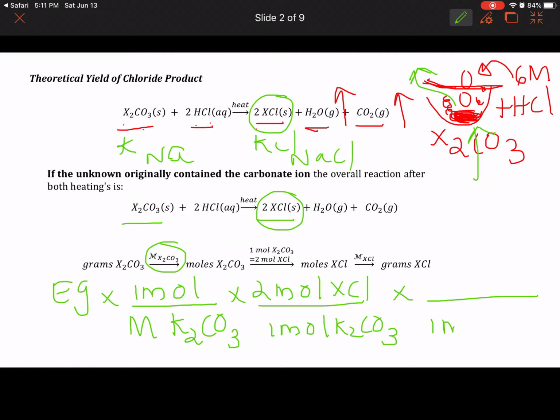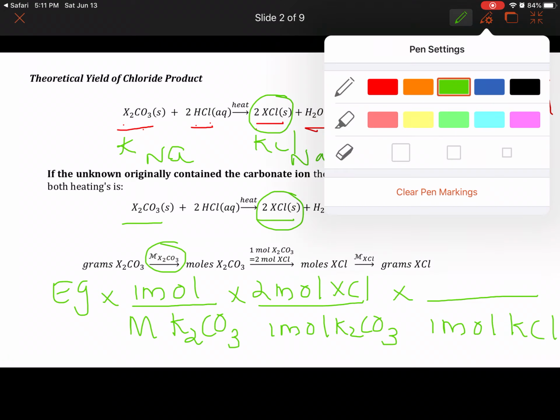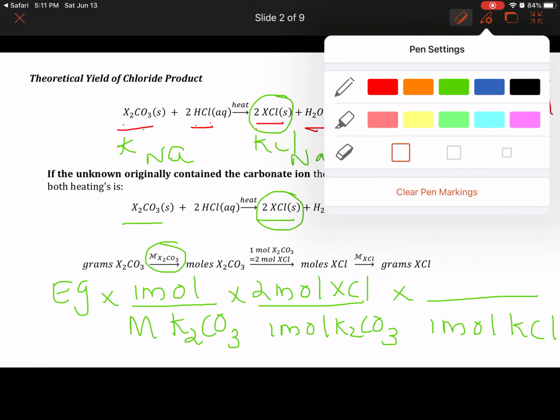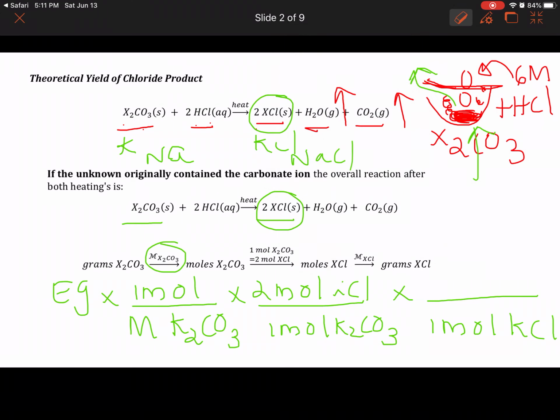So from 1 mole metal carbonate to XCl, and in fact we know what X is, that's going to be KCl. So instead of X, we can write K now, since we know it's potassium, KCl. So 1 mole KCl is the molar mass of KCl in grams.